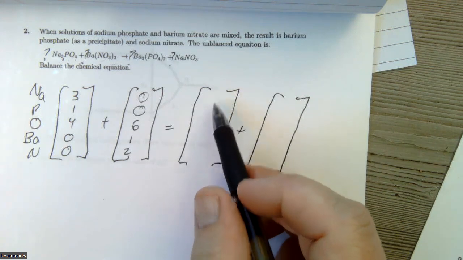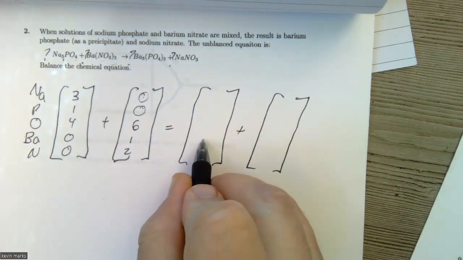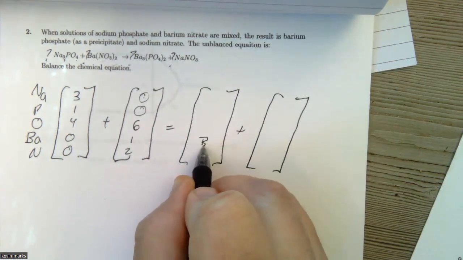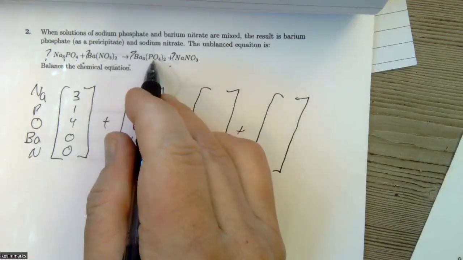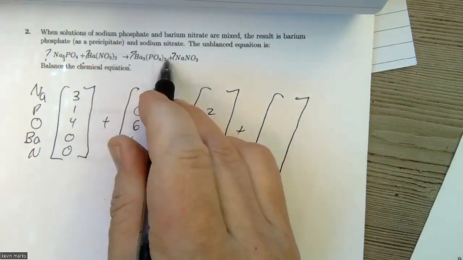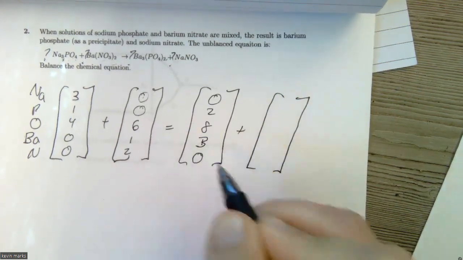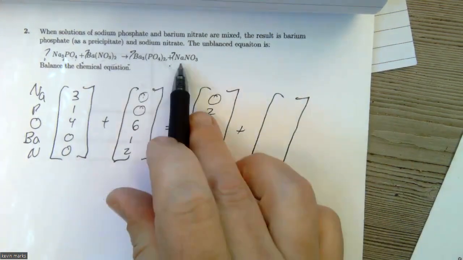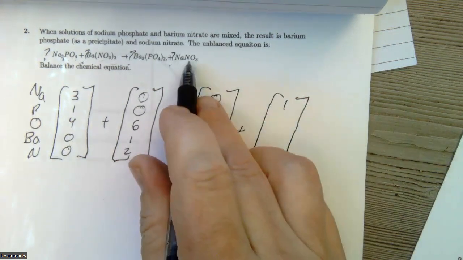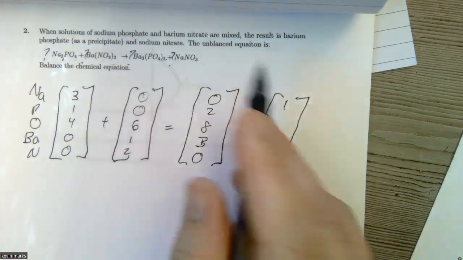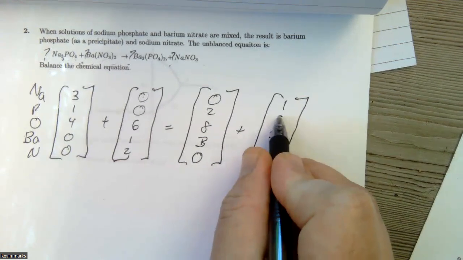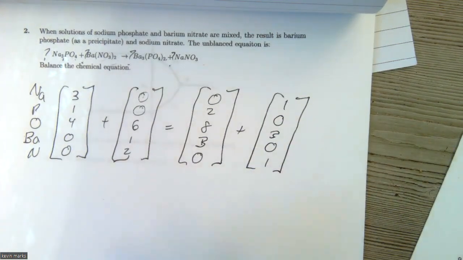Over here, this one's got 3 bariums, 2 phosphorus, 8 oxygens, no sodium, no nitrogen. And the last one here has 1 sodium, 1 nitrogen, and 3 oxygens. No phosphorus, no barium.